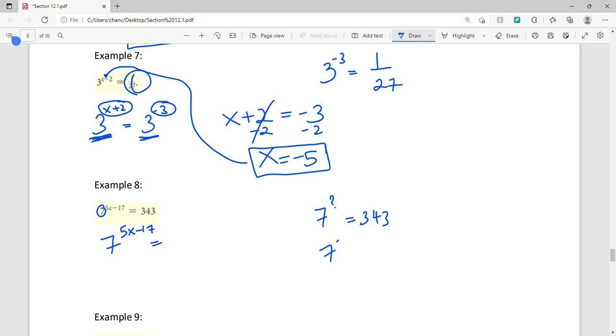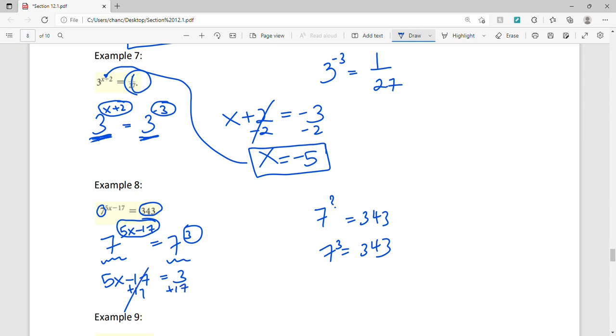So I know 7 cubed is 343, and we could replace this on the right with 7 cubed. Since the bases are the same and they're equal, this exponent has to be the same. So we can say 5x minus 17 is equal to 3. We'll add 17 to both sides. 5x must be equal to 20. If you divide both sides by 5, x is equal to 4. That's our solution for example 8.